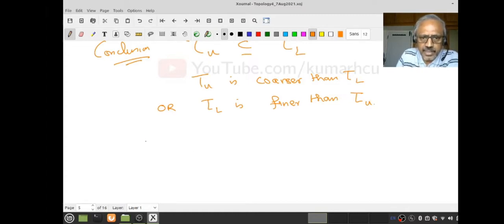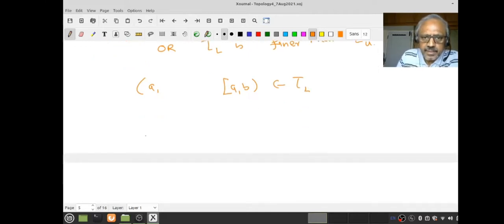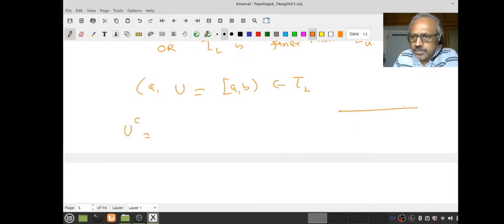Now let me look at a typical interval (a, b). We know it's in tau L, right? Let me ask, what is the complement? Call it U. What is U complement? This is my (a, b).